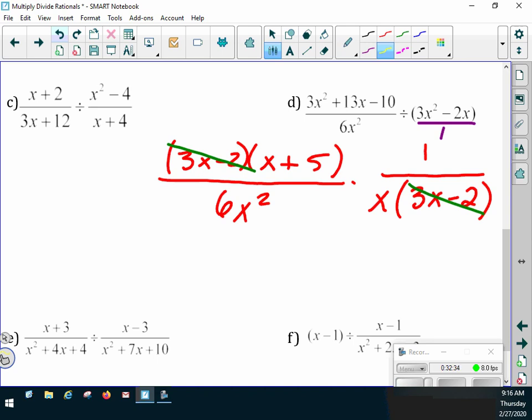Same reason. See, you can think about it like this. When you have things added or subtracted, they are married. That x and the 5 are married because they've got a plus or minus between them. You cannot cause a divorce.